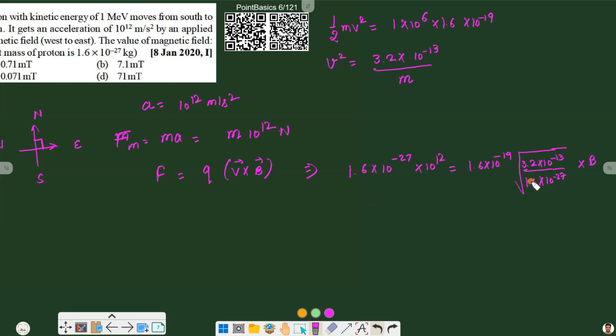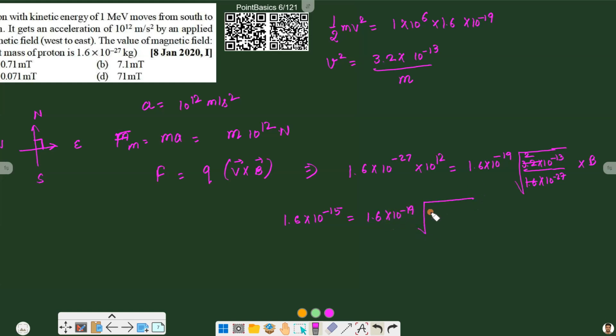So this will go 2. On this side we will have 1.6 into 10 raised to power minus 15, and on this side 1.6 into 10 raised to power minus 19.